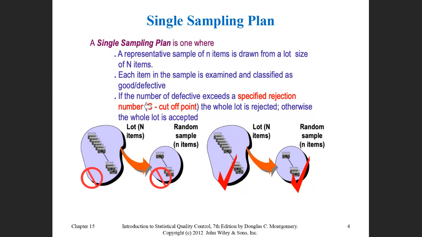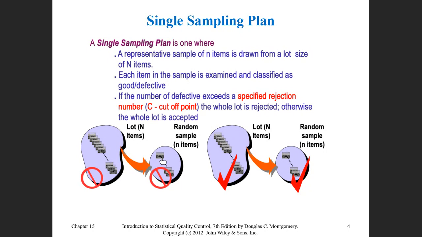The number of defectives exceeding the specified rejection number, we call that the C, or the cutoff point. I have selected 5 items in my sample.